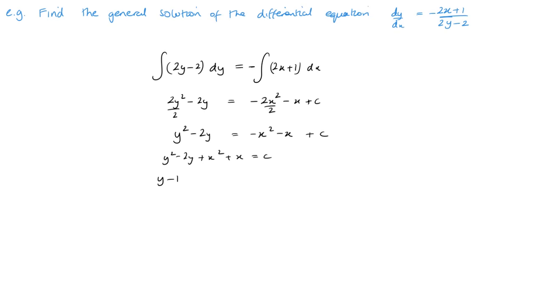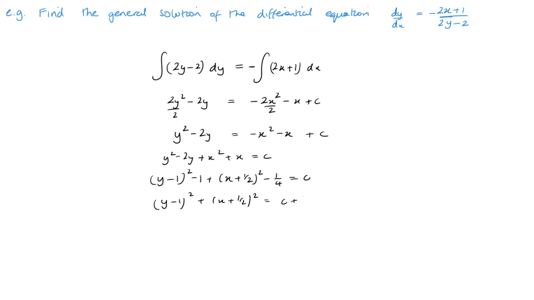y minus 1 squared minus 1 plus x plus a half squared minus a quarter equals c. So here I've got a circle. So my minus 1 and my minus a quarter is going to give me minus 5 quarters.